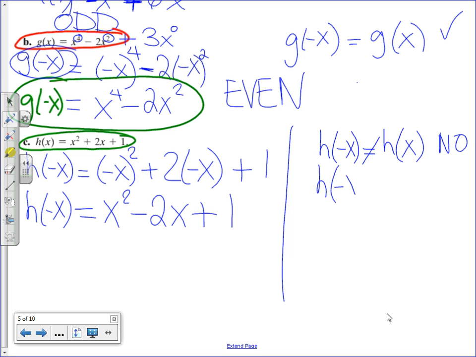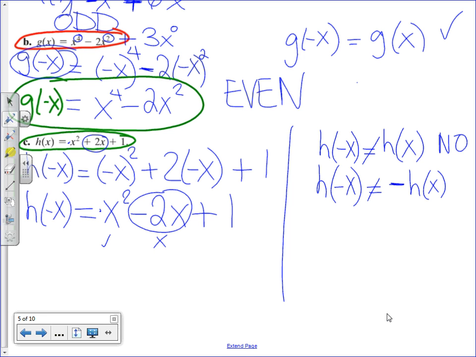So is h of negative x the same as the opposite of the original? No, right? Because we have positive x squared, so we're good on that one. But then when we look at the second term, we have positive 2x, and here we have negative 2x. So that did not happen.